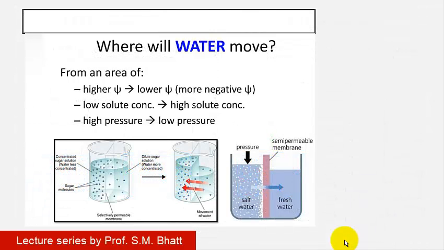So how do we decide how water moves in plants? This is a general formula. Pure water has the highest water potential.